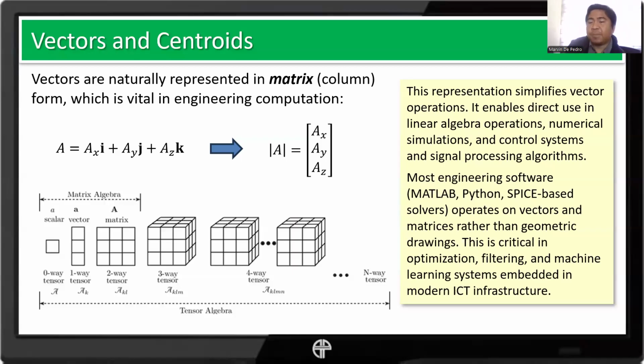This is critical in optimization, filtering, and machine learning systems embedded in modern ICT infrastructures. So, I hope you now have a vision of where we can use vectors, especially as ECEs or as someone in the ICT field. Vectors are foundational when it comes to machine learning and other similar applications.